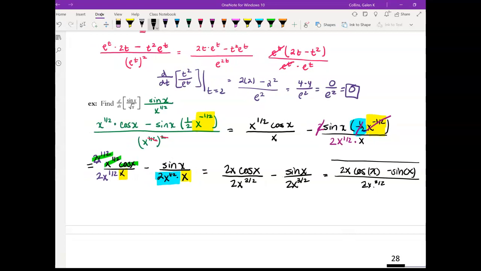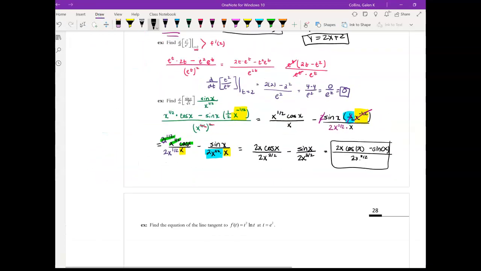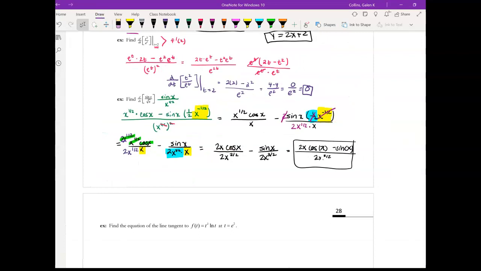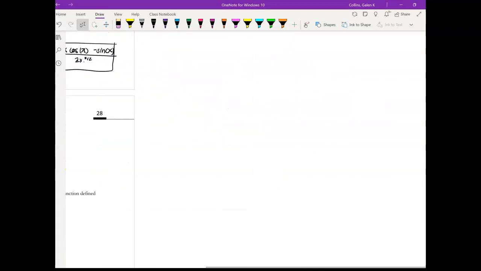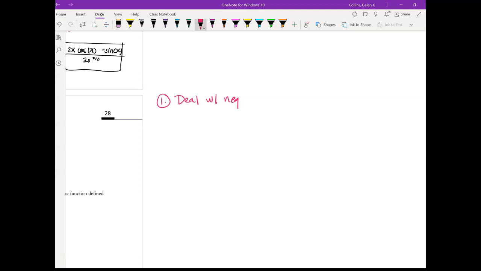Okay, so let's take a moment to talk about what we need to do when we're simplifying derivatives. The first thing: if we have negative exponents, we always need to deal with them first.